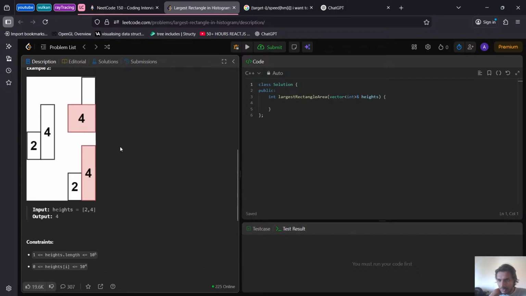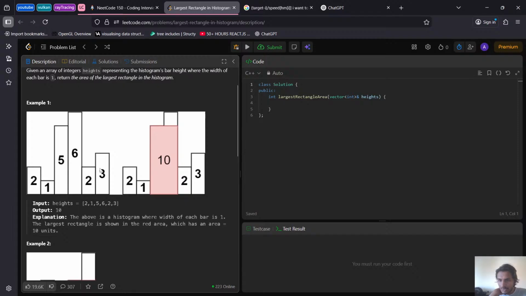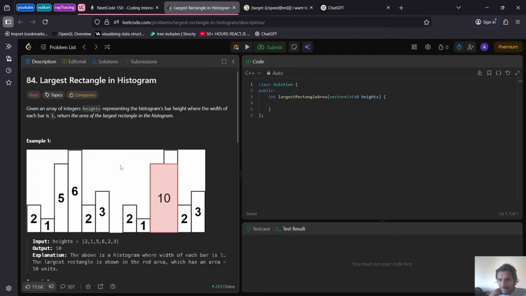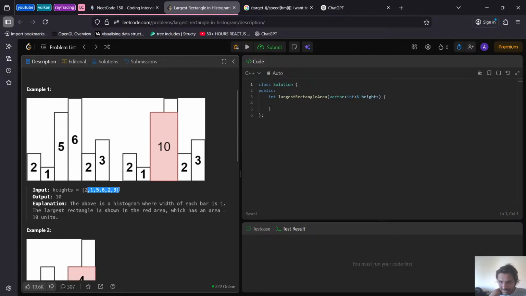The problem says monotonic again, monotonic. So let's sort this one. Monotonic is a stack. So let's do 2, calculate for 2, then calculate for 1.